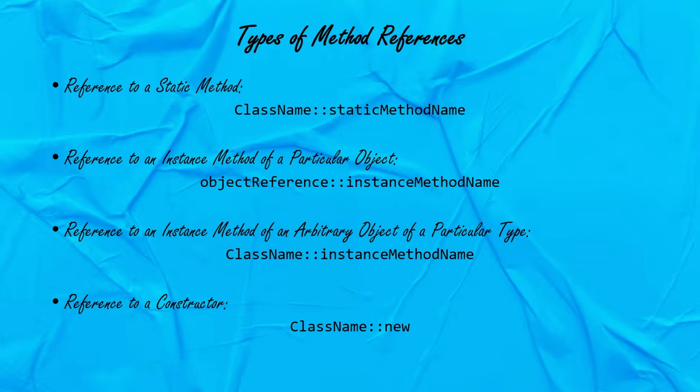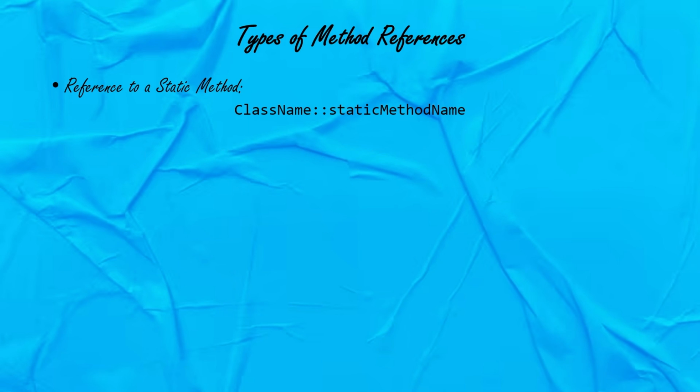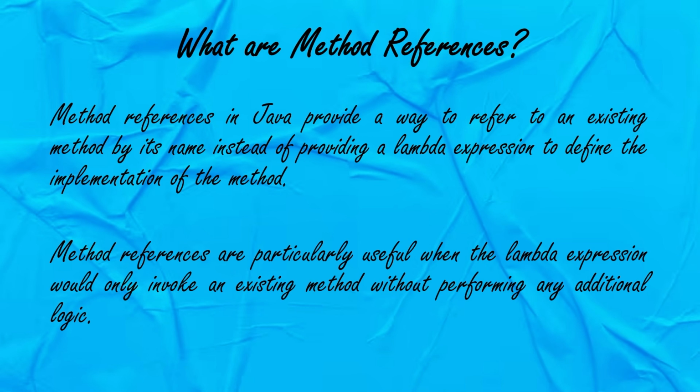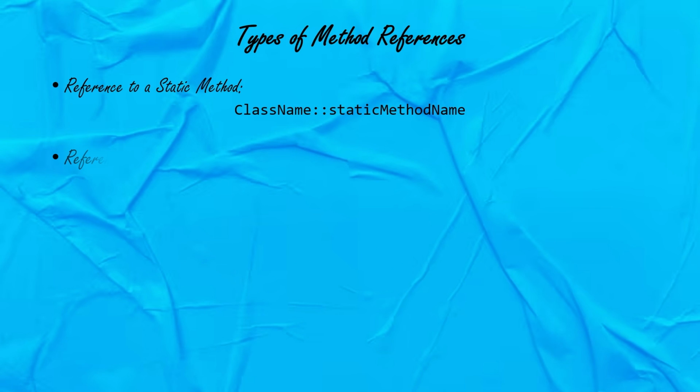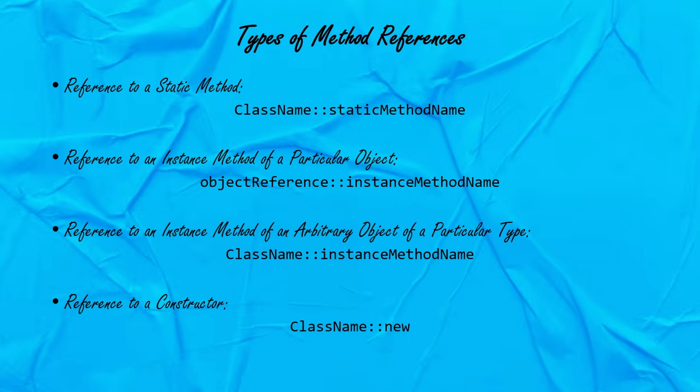Obviously this is just going to be a default constructor, not a parameterized constructor, because if you remember, the rule was when you just want to invoke the method without performing any additional logic. So nothing extra we want to pass to that method. Only in those scenarios it can be used. So what we are going to do now is we are going to understand all these four with the help of 4 different demos.